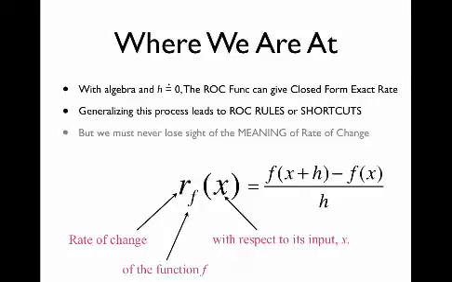So we're going to get into a lot of memorization and working a lot of algebra, but we never want to lose sight of the meaning of rate of change. That will be our job, TAs and myself, to keep giving you little tasks in this process that keep us thinking about the meaning of rate of change. Okay, so that's kind of an overview of where we're at.